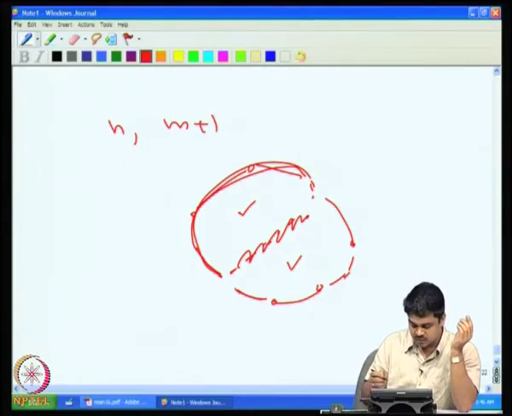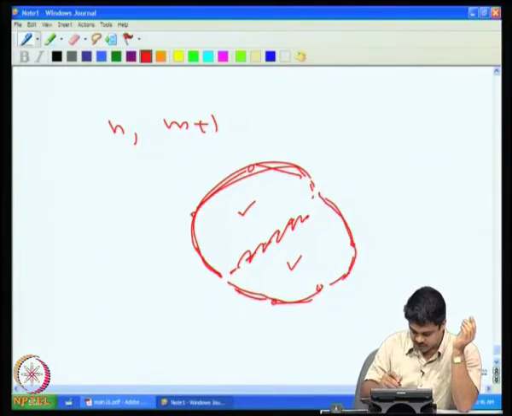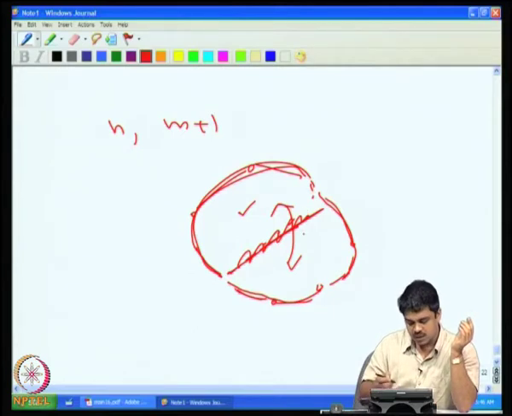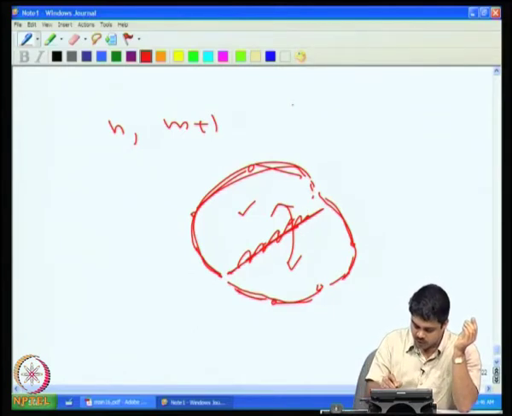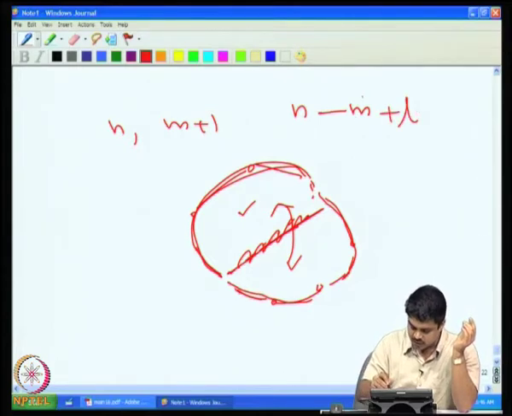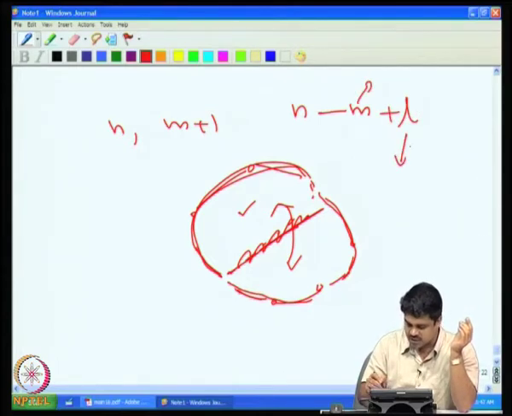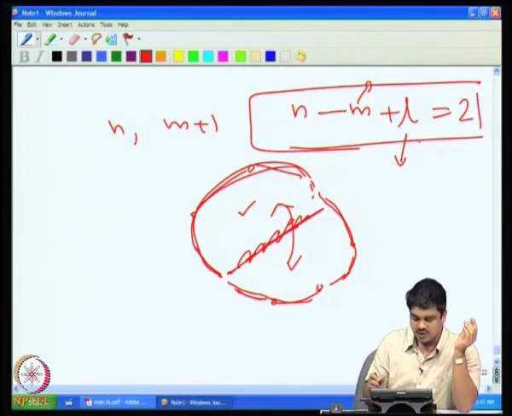Compared to the earlier one, when you add this edge, the number of faces increases by 1 and the number of edges increases by 1. In the formula n minus m plus l, if this increases by 1 and this also increases by 1, they cancel off. So the 2 remains 2.